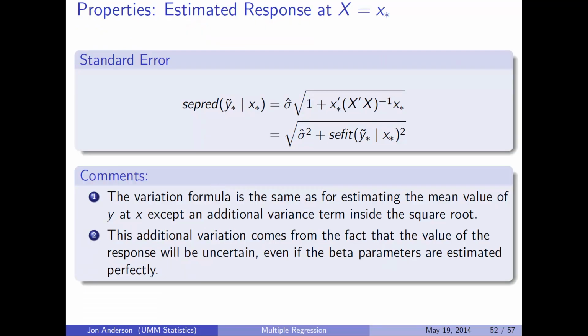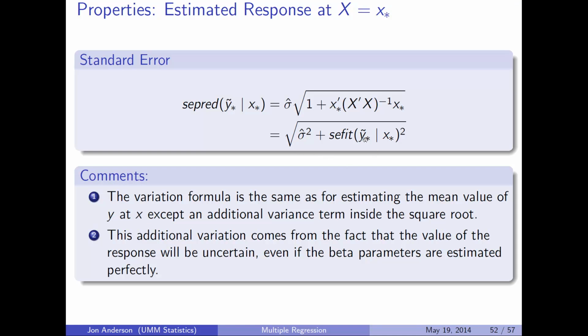If I'm interested in just a single value of the response, there is a slightly different formula. The standard error of prediction is given like this. It is very similar to the formula you saw for the mean function, except an extra multiple of sigma squared, because we need to incorporate just the random y variation in the expression.